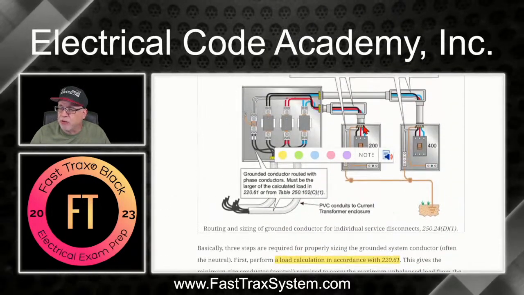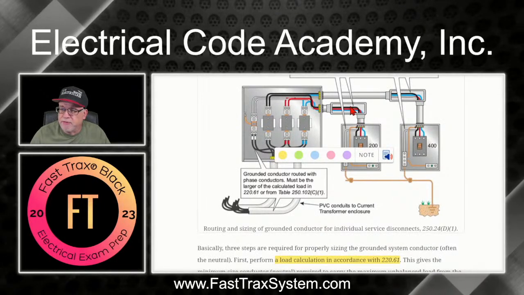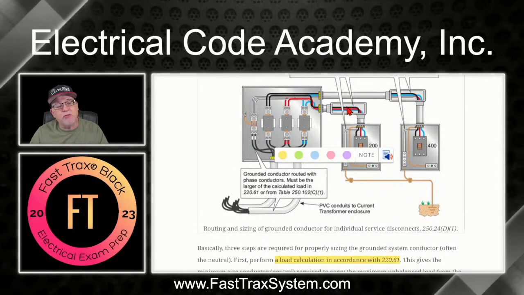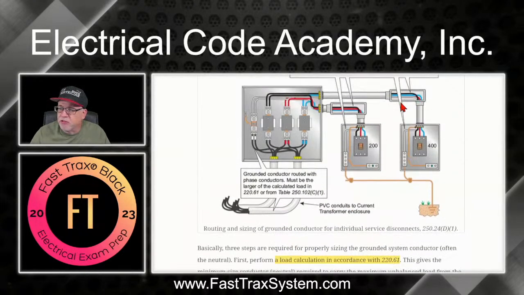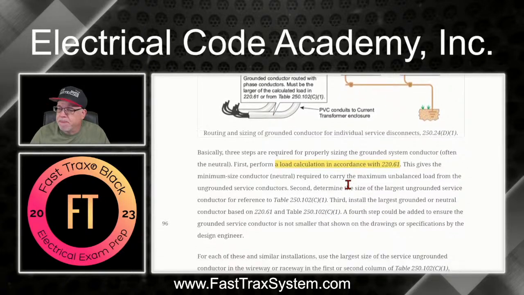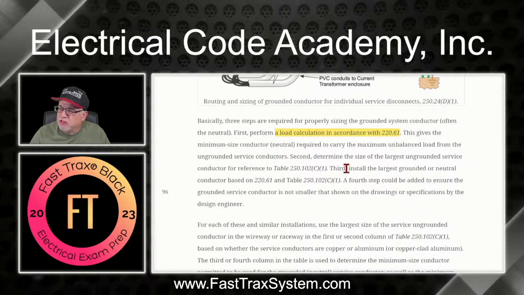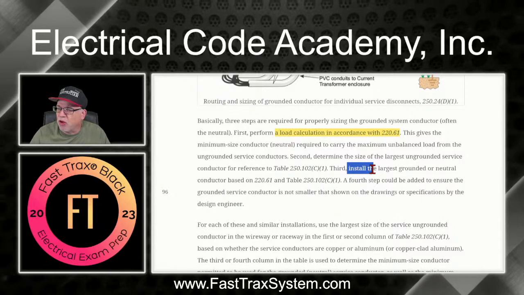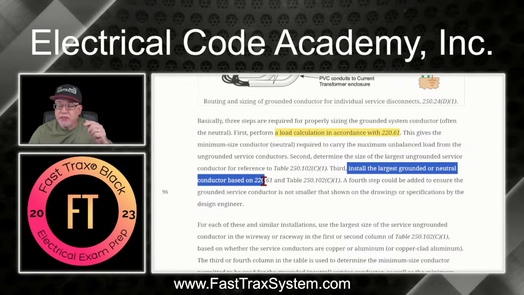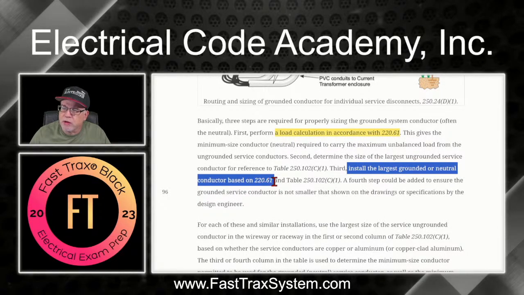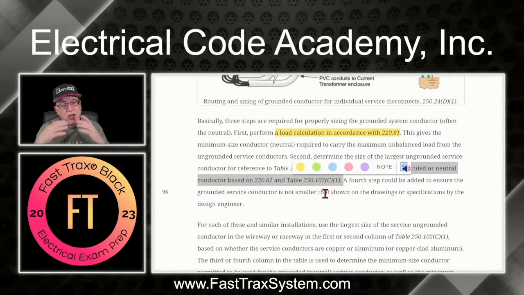So in this case, we're taking the conductors from here. Say this is 350. We're going to take that 350, then we're going to 250.102C1. And we do the same thing for this raceway, for this grounded conductor. And then third, we install the largest grounded or neutral conductor based on the difference in those two, whether it's 220.61 or 250.102C1, whichever resulted in a larger conductor.